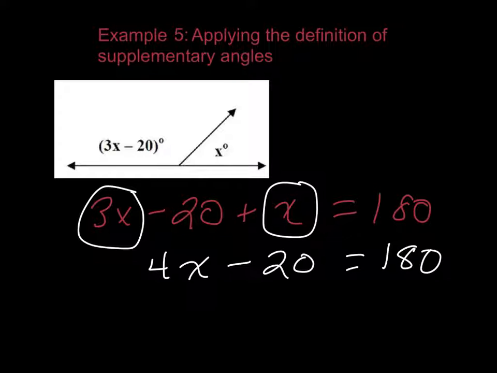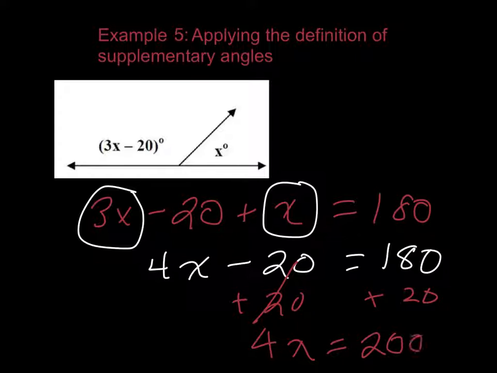All right, now we know we want to work backwards, so we want to get rid of that subtraction of 20. We're going to do that by adding 20 to both sides. And we're left with 4x equals 200. And then divide both sides by 4. x equals 50.